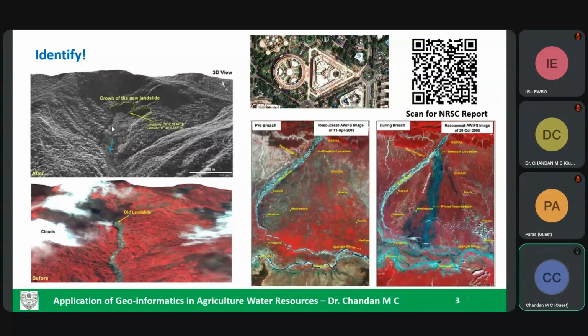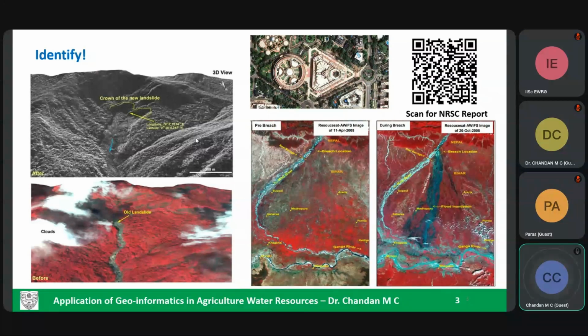And if you see the other image at the bottom right, this was again a very well demonstrated use of satellite imagery before and after a flooding event. This is one of the major events which happened in Bihar, that is the Kosi river breach.